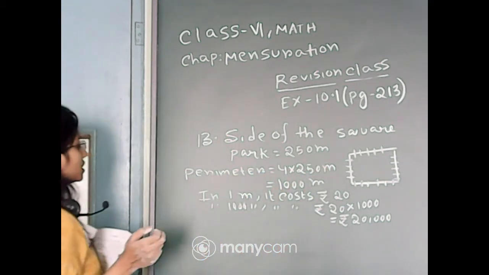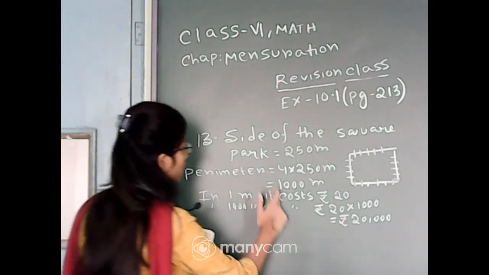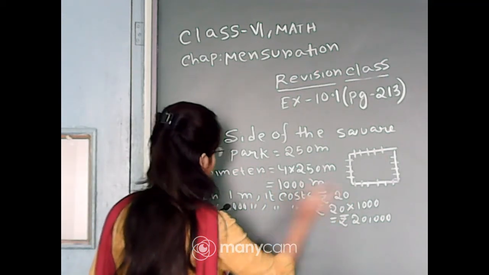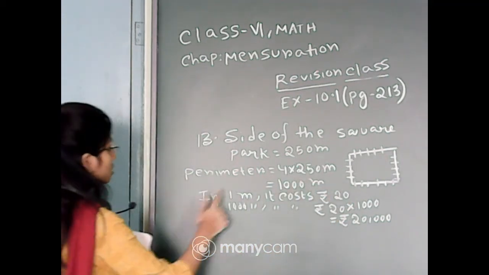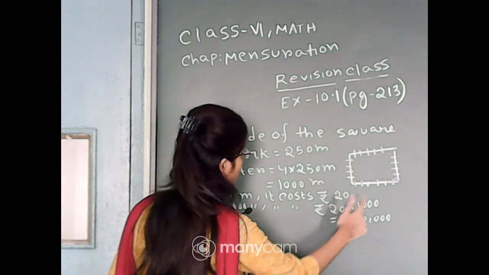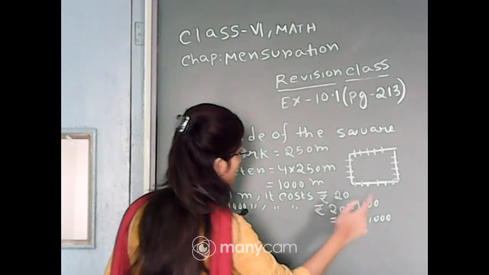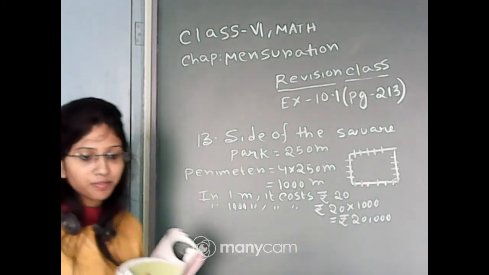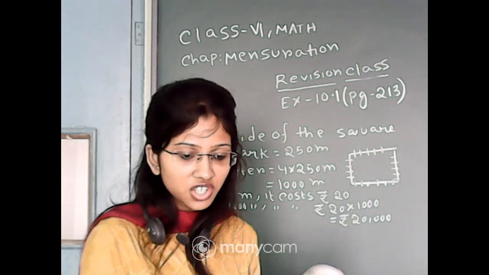And it is given that in 1 meter it costs rupees 20. Therefore, in 1000 meter it costs rupees 20 into 1000, that is rupees 20,000. Clear? The math is clear to everyone?